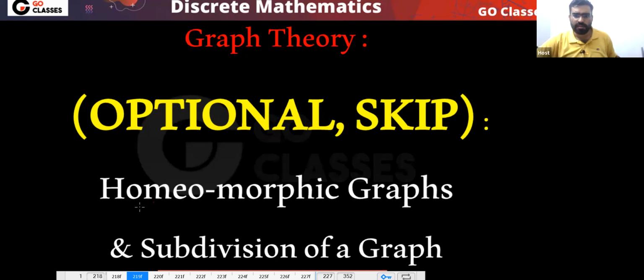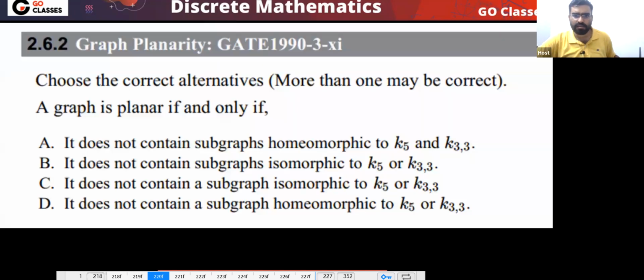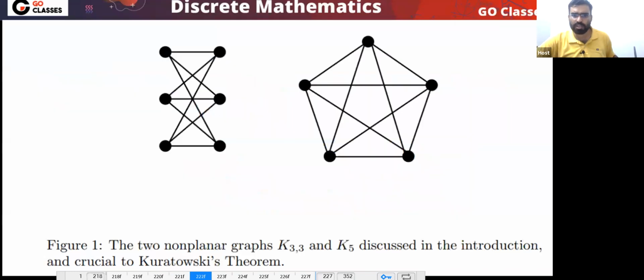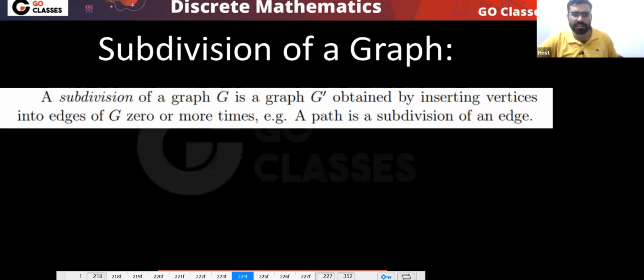So this is homeomorphic graphs. What is the meaning of a homeomorphic graph? This is what I want to explain, for this question. Before we see the next concept, let's see what is subdivision of a graph. This is the first concept we need to see.